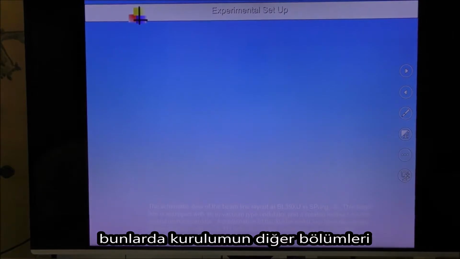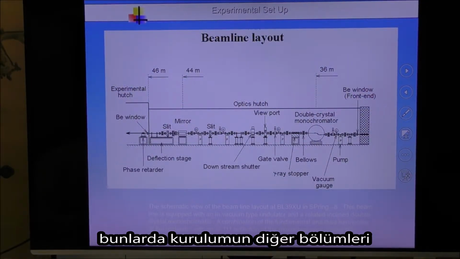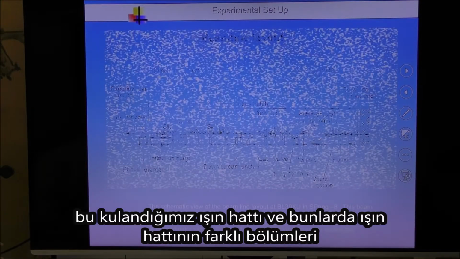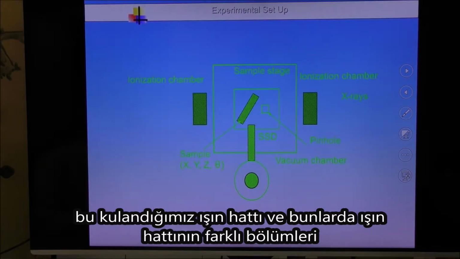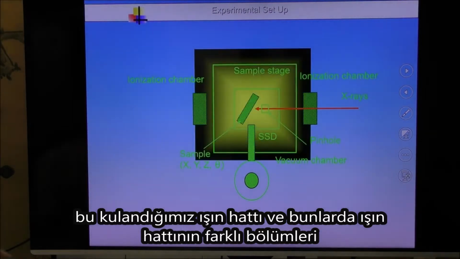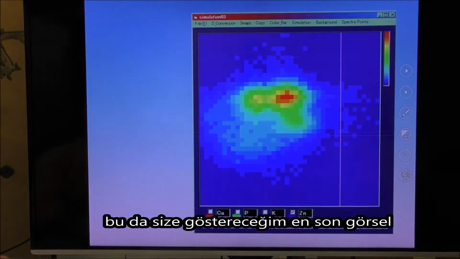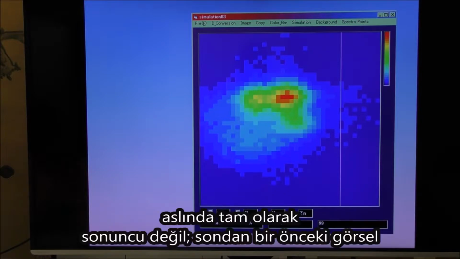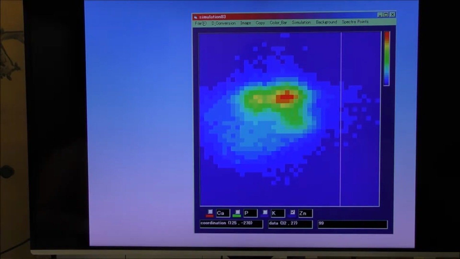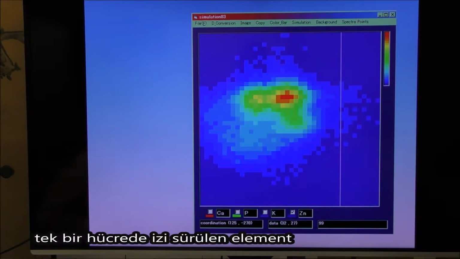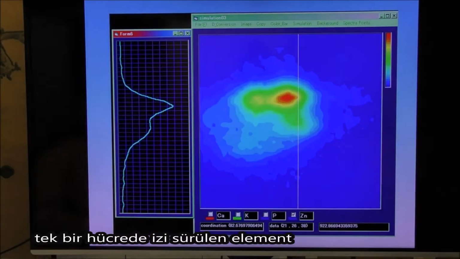So these are different parts of the setup, and this is the beam line that we use and the different parts of the beam lines. Now I'm going to show the images. So these are the final image, or not exactly the final, one step before the final image of the trace elements in a single cell.